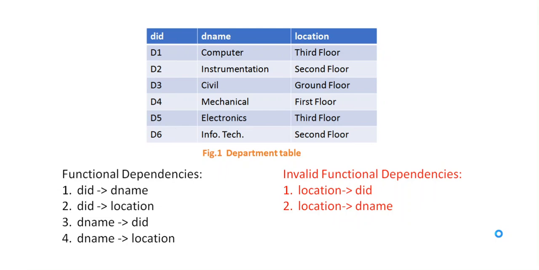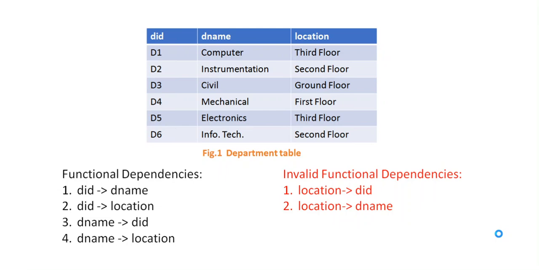There are two tuples having location 2nd floor, and in one tuple the department name is instrumentation, and in the second it is information technology. For the same value of location there are two different values of department name. So location determining department name, or department name being dependent on location, is invalid. This is how functional dependency works.